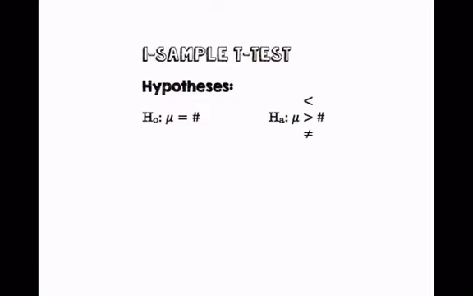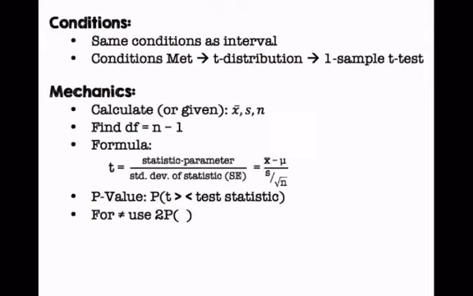Now, if we want to do a one sample t-test, it's going to be very similar to a one proportion z-test. My hypothesis is going to use the mean, so mu. My null hypothesis is mu is equal to whatever value I was given or I calculated for x bar. My alternative hypothesis is going to be that mu is either less than, greater than, or not equal to that same value.